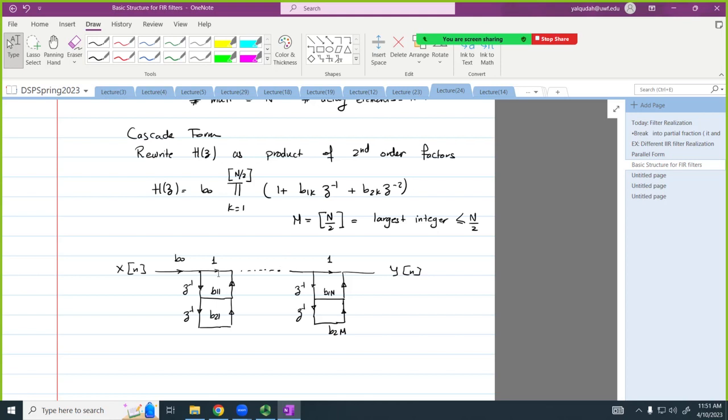How many multiplications do we have? In each branch we have 2, and we have M of these branches, so we have 2M. And how many delay elements?